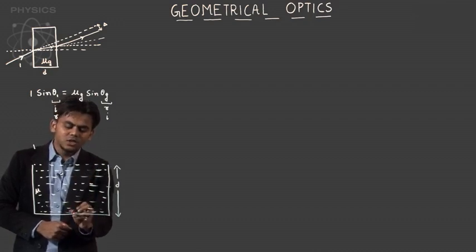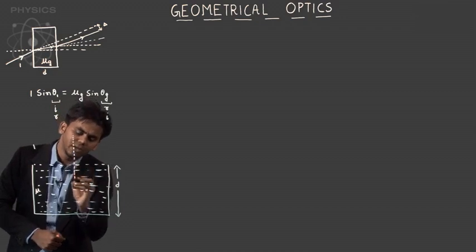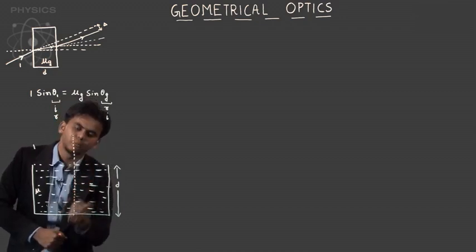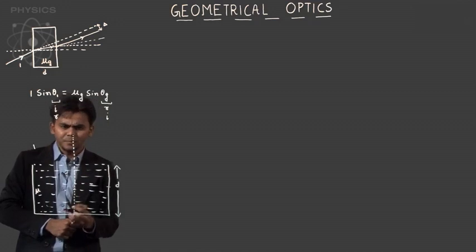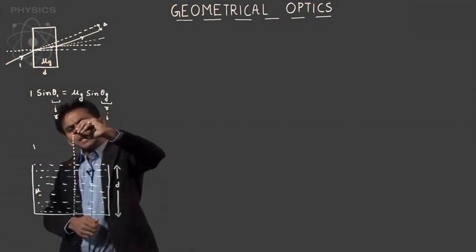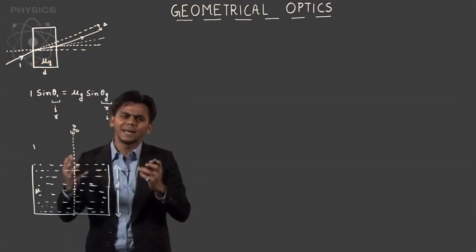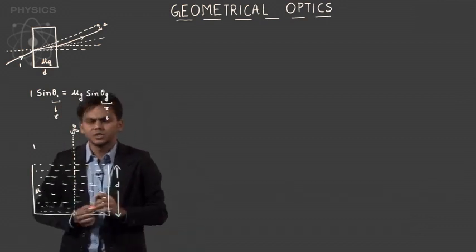If I see it just vertically above this letter or point or dust or small particle, this is my eye. I'm not drawing a diagram of the eye because that would be highly complex and not needed in this particular situation.